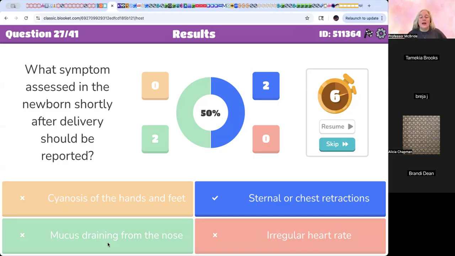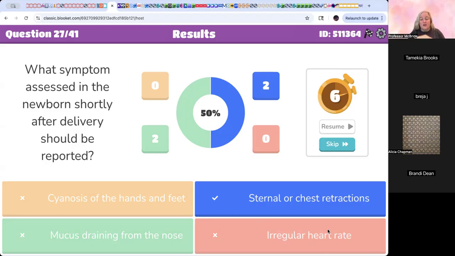I want you guys to remember that these babies, again, using the pediatrician's analogy, have been living in a fish tank. So having fluid draining out of their nose is a normal thing. Their bodies have to adjust from being in water to not being in water. And so it's not abnormal to see that. But the retractions would be concerning because that's your use of accessory muscles for breathing. So that's a sign of respiratory distress.